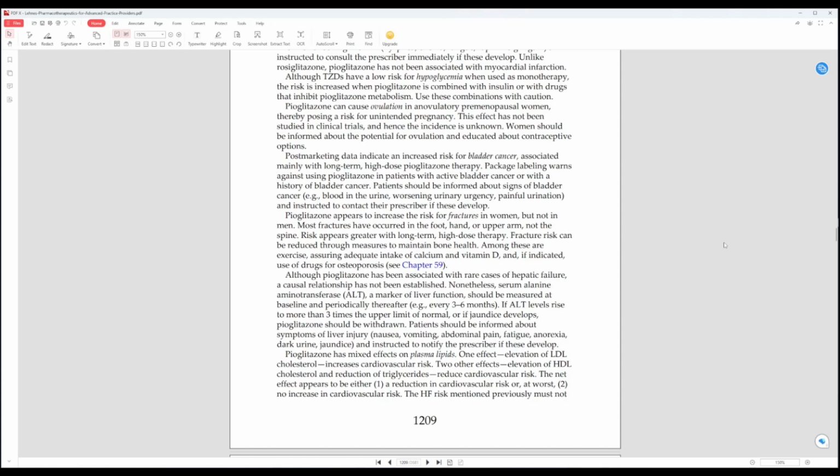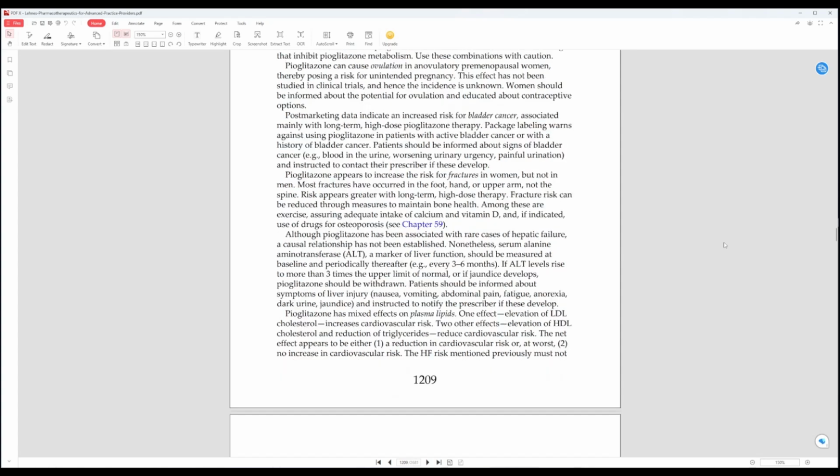If ALT levels rise to more than 3 times the upper limit of normal, or if jaundice develops, pioglitazone should be withdrawn. Patients should be informed about symptoms of liver injury (nausea, vomiting, abdominal pain, fatigue, anorexia, and dark urine, as well as jaundice) and instructed to notify the prescriber if these develop.